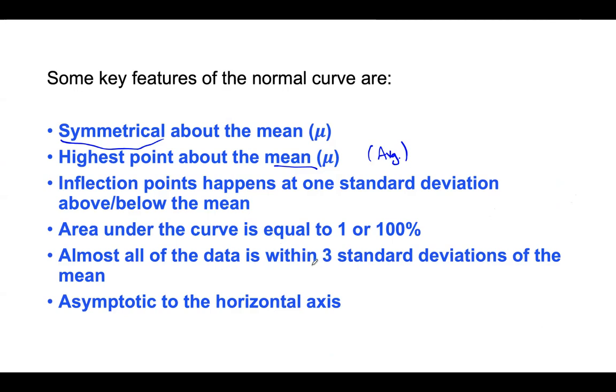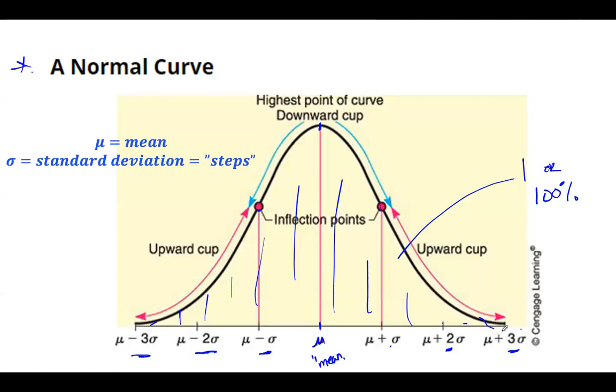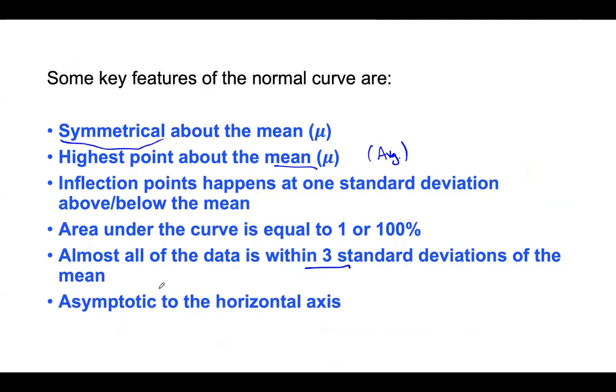Almost all of the data is within 3 standard deviations of the mean. You see over here and over here, from here to here, all this area in here. You can see that it basically composes the majority of the data, and it's asymptotic to the horizontal axis.